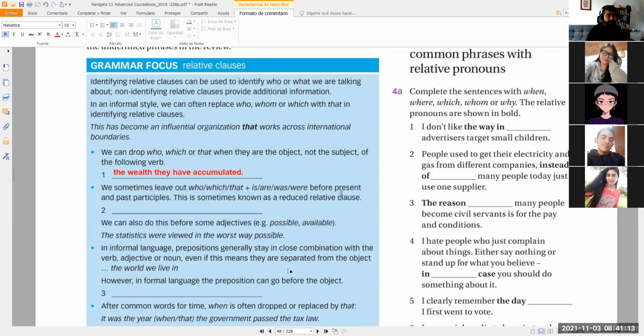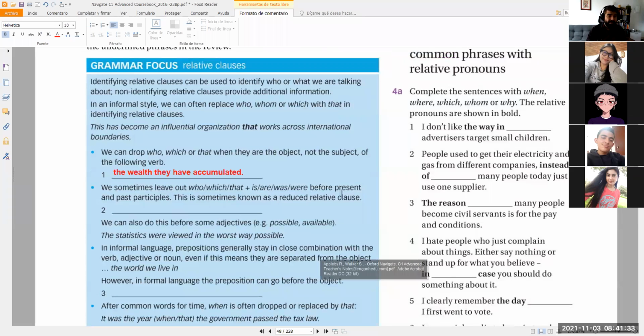In the second, we say we sometimes leave out who or which or that, and the corresponding verb, is, are, was, were, before present and past participles. So we just eliminate them. This is sometimes known as a reduced relative clause.